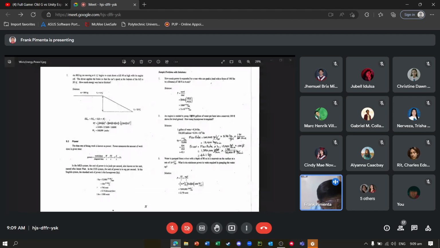If the units used in the problem are in centimeter, gram, second, the CGS system, the unit of power must be erg per second.